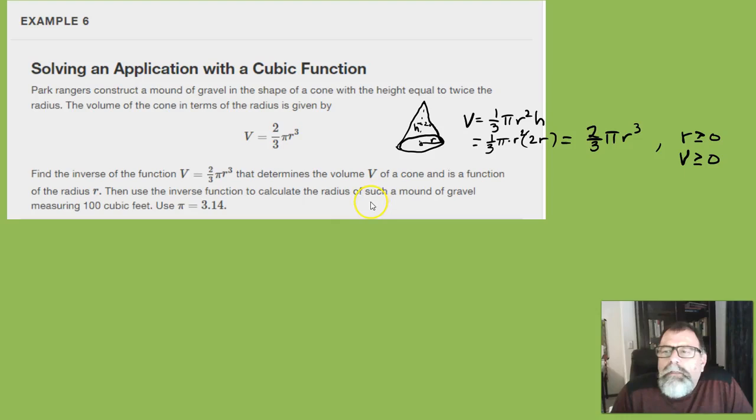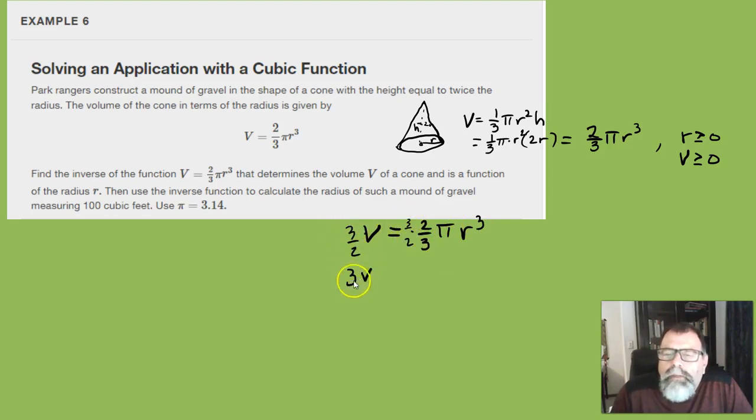So let's solve this for, we're going to switch the V and the R. Or we're just going to solve it for R basically. So let's see. We're going to multiply both sides by 2/3. Multiply by 3/2, sorry.